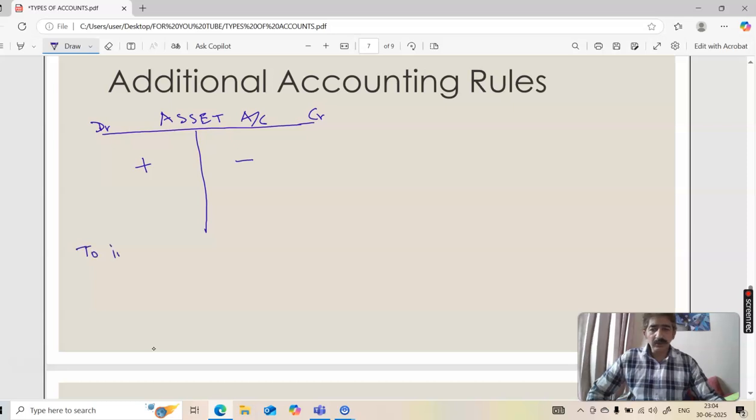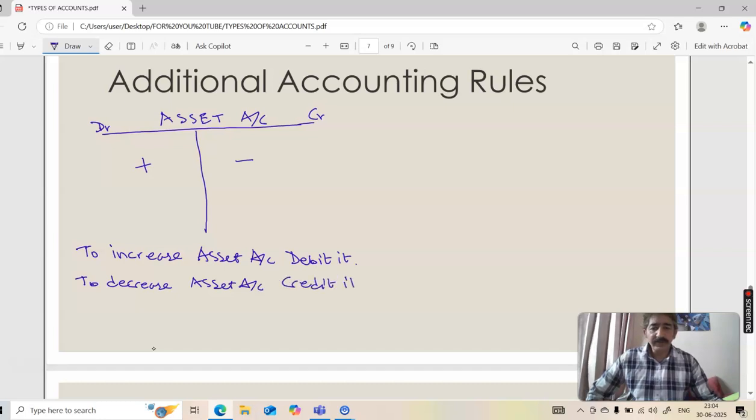Accounting rule: to increase asset account, debit it. To decrease asset account, credit it.